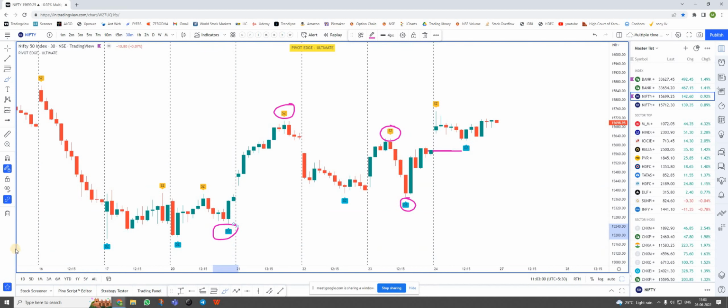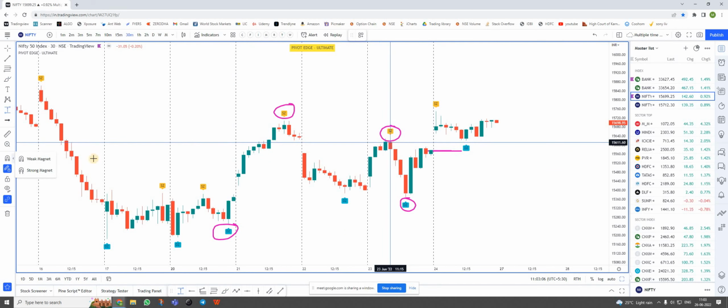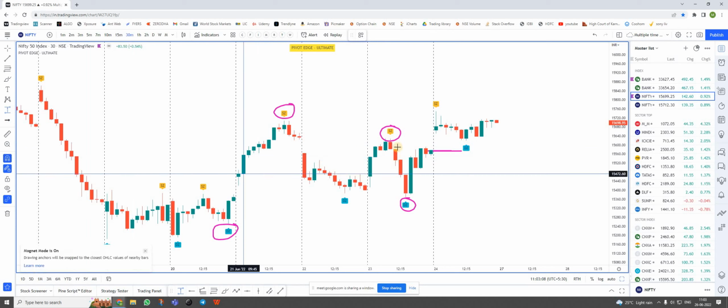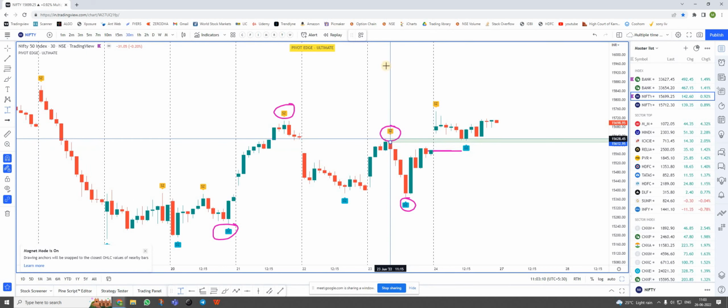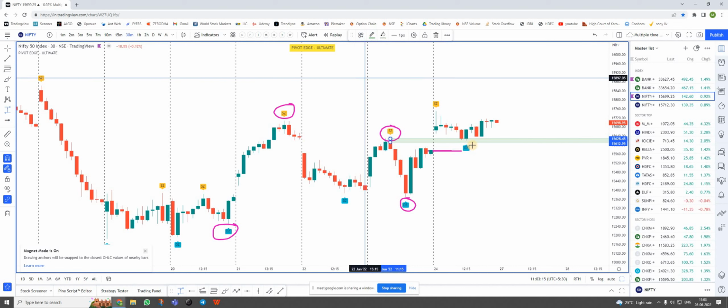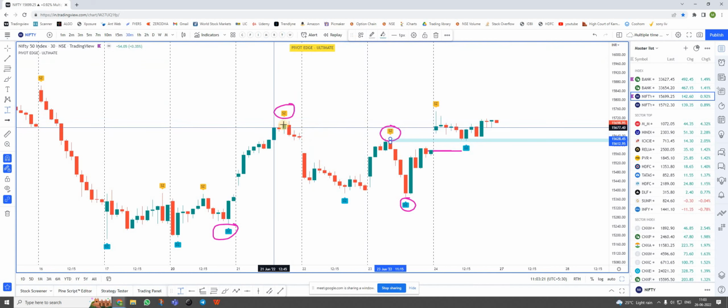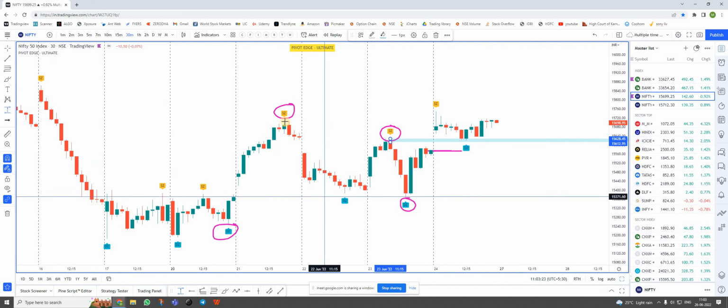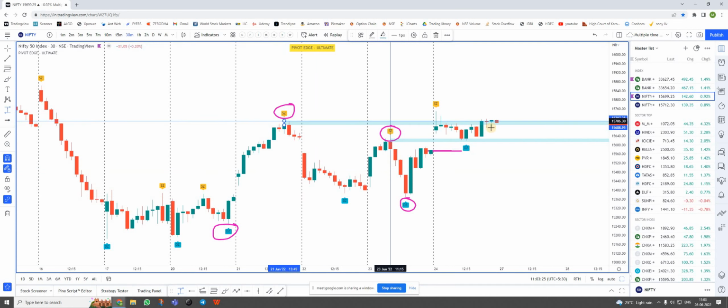Now I'll mark these zones with the help of a band. As for supply zone, I'll mark it. So here one more I'll mark. Okay.